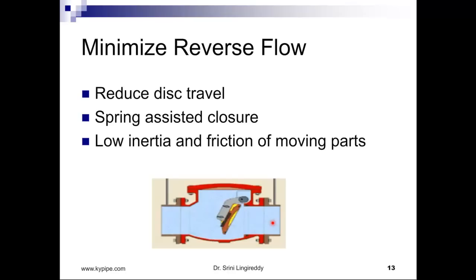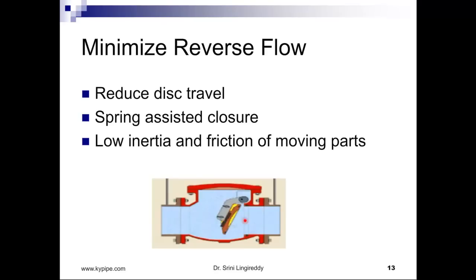So suppose I have a spring attached to this disc here, and the forward flow is capable of holding this disc in its position. Sufficient velocity is required when you have a spring to keep this disc in the fully open position. And on pump trip, the spring is going to push this disc forward a lot quicker than the disc coming on its own.